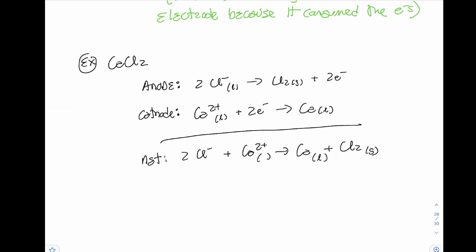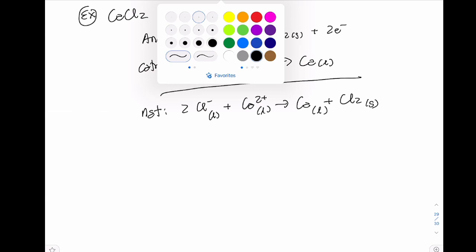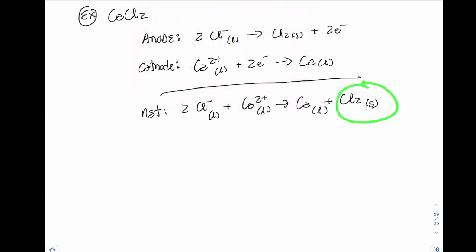That's supposed to be an L. So a different twist on this one, what we're going to do is we're going to actually calculate the mass of chlorine gas that we're producing, right? That's one of our products. And if we know the current and we know the time that that current is run for, we can actually calculate its mass.